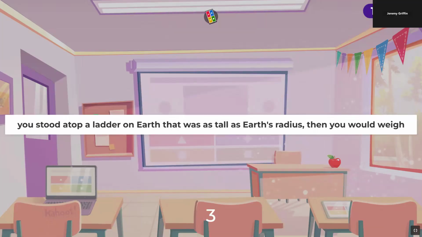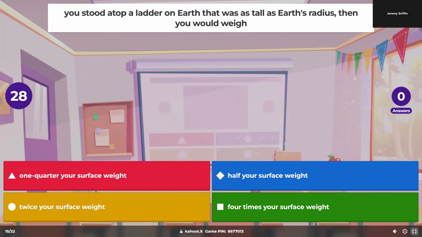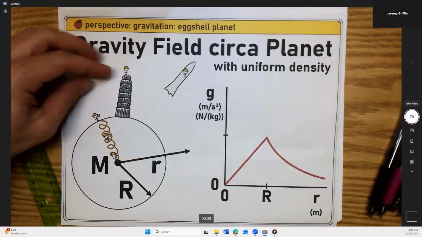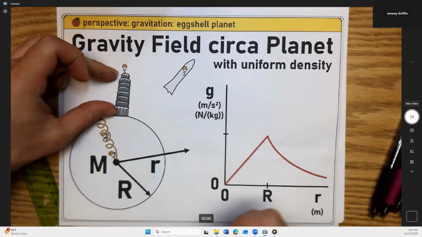What if you stood atop a ladder on Earth that was as tall as Earth's radius? How much would you weigh? That's this guy right here, standing on top of a tower that's as tall as Earth's radius.